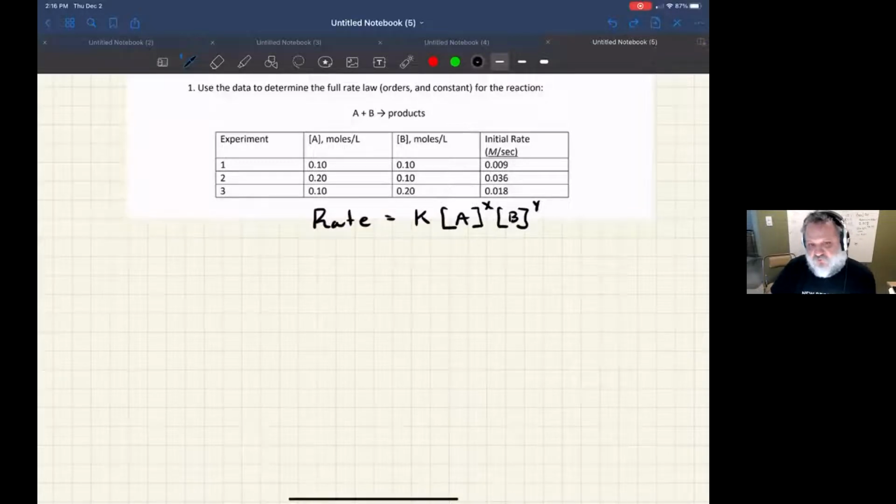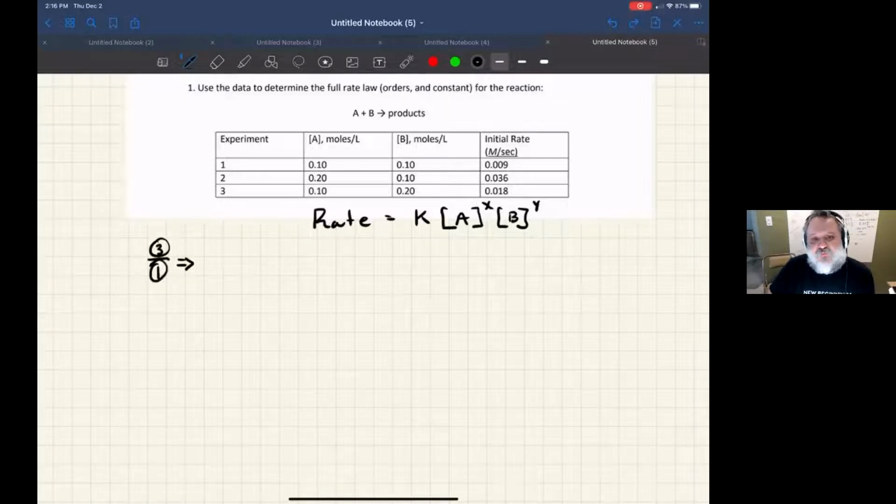So your goal is to look in the experimental table and find concentrations that don't change for one species, but do change for another species. Let's take a look at 3 and 1.